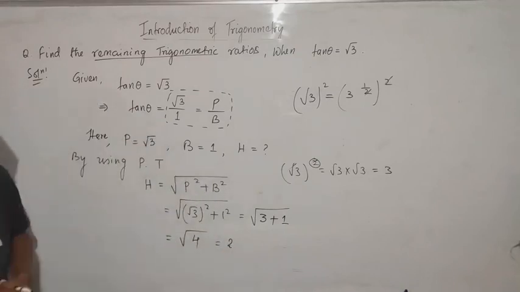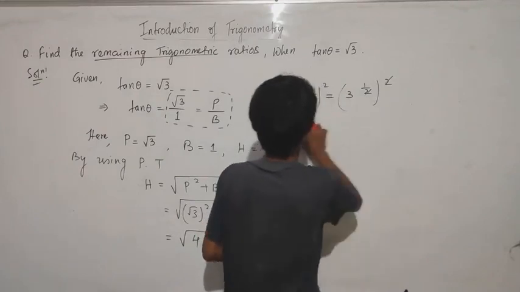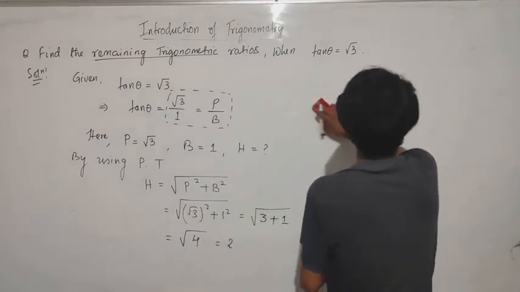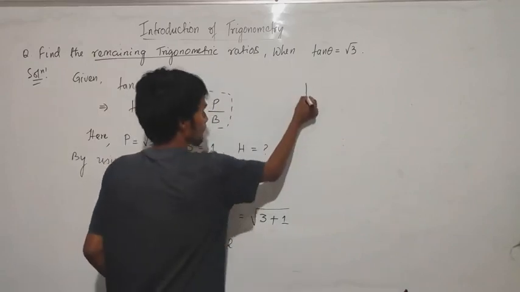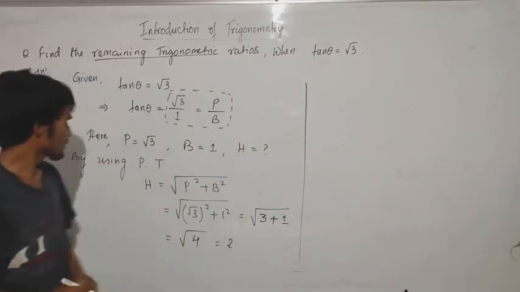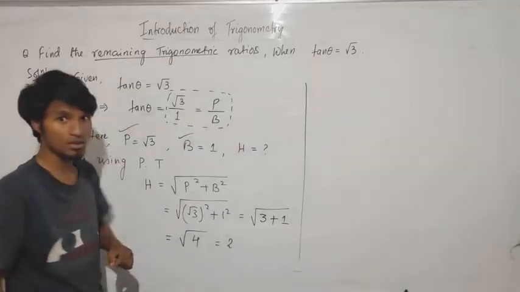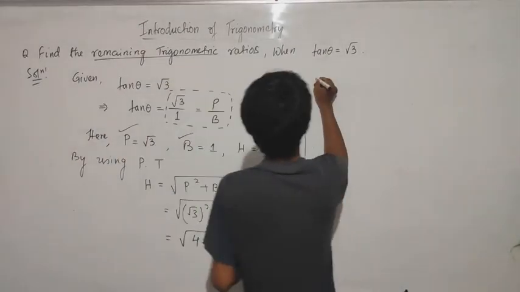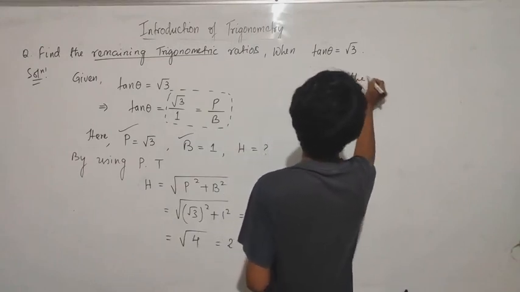Now we got the value of H. Now we have P, B, and H, which is 2.